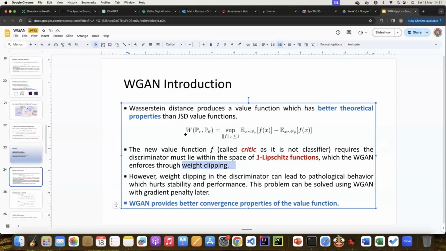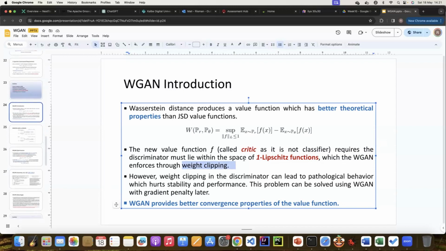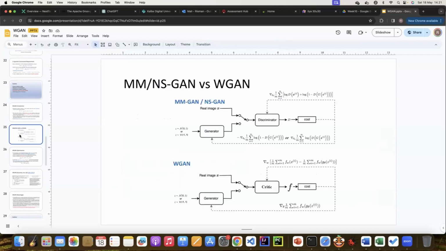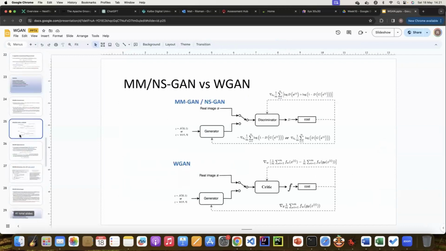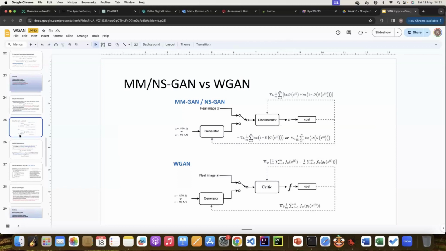After they tested this against the GAN model, Wasserstein GAN showed better convergence. There is no mode collapse and no vanishing gradient, compared to GAN and NS-GAN.